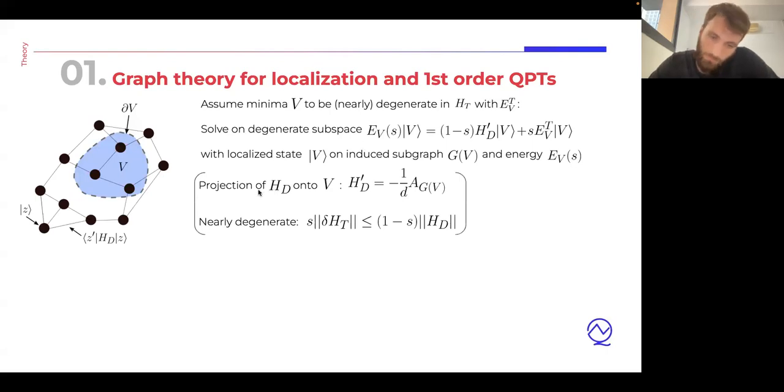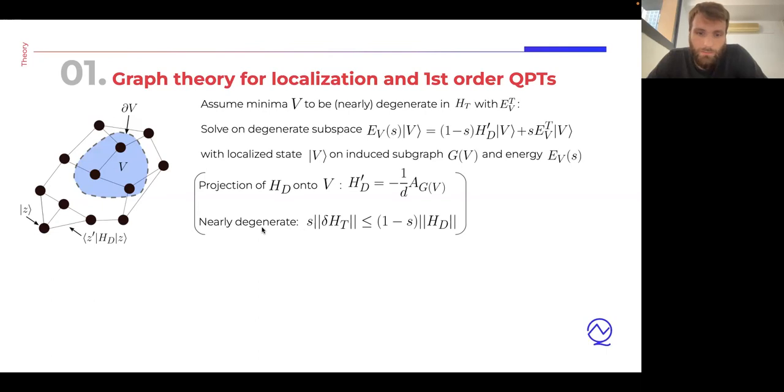So just some notes on the notation. The degenerate eigenvalue problem that we need to solve is this one here, and here the target Hamiltonian H_T has been replaced by H_T prime. This is basically just the projection of H_T onto V, and mathematically I'm going to be a little bit loose with what I call V. I'm going to call both this subset of nodes as well as the subspace in Hilbert space spanned by these computational basis states V, since there's basically a one-to-one mapping.